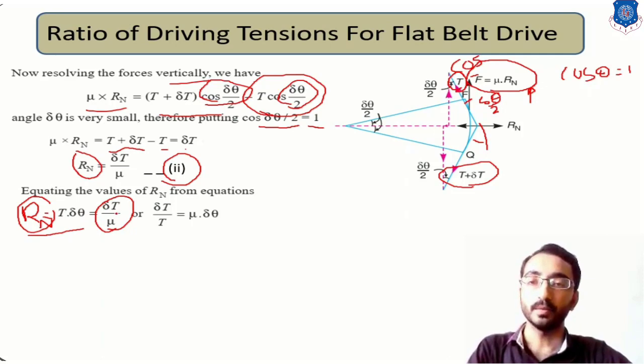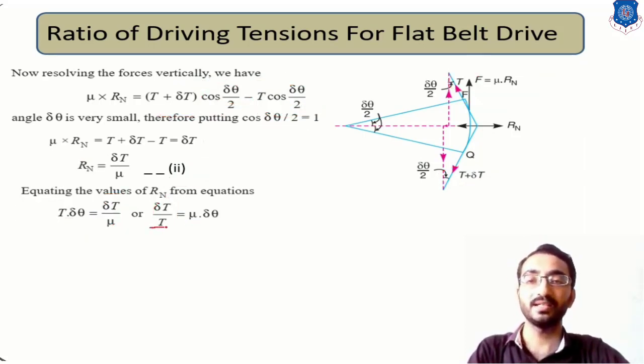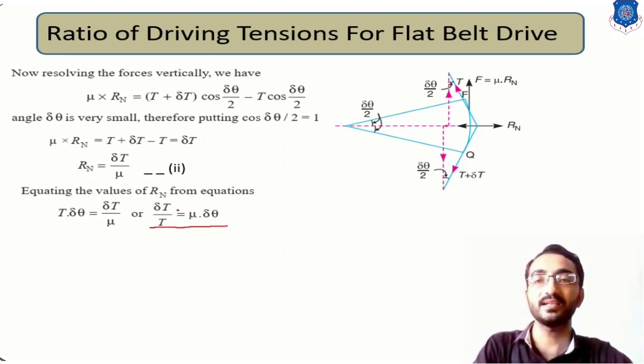Now arranging such that T is on one side and mu on the other, delta T by T is equal to mu into delta theta, and that is the relation of T and theta.